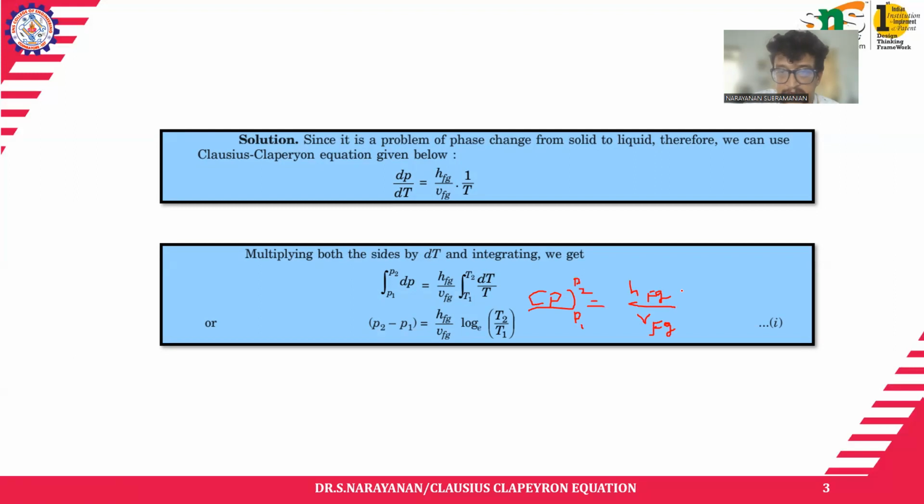When we integrate dT by T, we will get log T, with limits T1 to T2. We will substitute upper limit first and then lower limit. So the left hand side will be P2 minus P1 equal to HFG by VFG into log of T2 minus log of T1. So we can write it as log of T2 by T1.